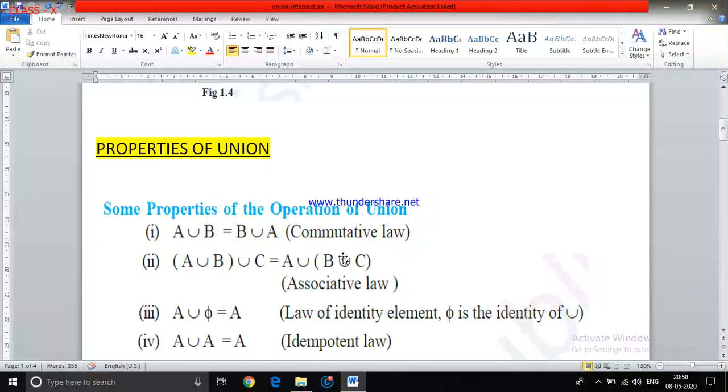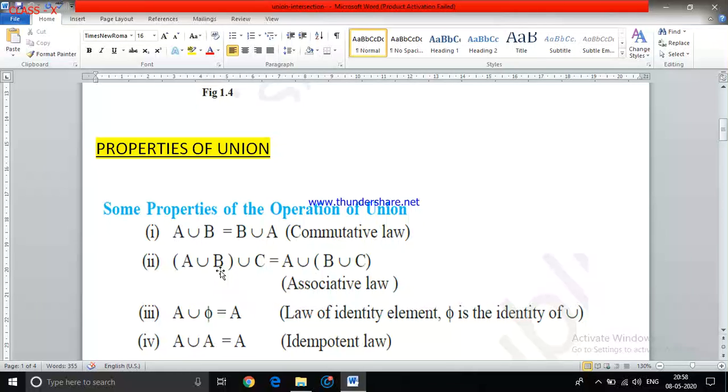I think you already discussed in the number system what is commutative. If A plus B equals B plus A, then A and B satisfy the commutative property. Next, the associative property: (A union B) union C will be equal to A union (B union C). What the associative property says is, first you find A union B, according to the BODMAS rule, the bracket has to be evaluated first.